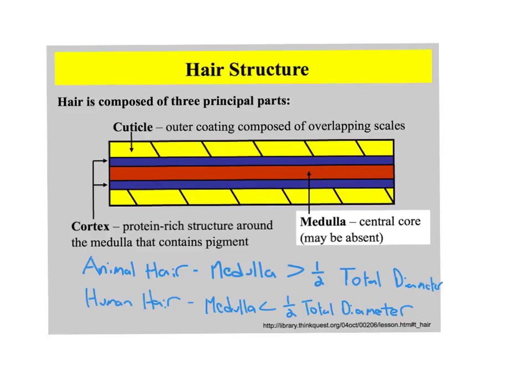We saw the case on Thursday's video, right, of the man who was convicted 26 years in jail, and they mistook one of his hairs for a dog hair, or a dog hair for one of his hairs. In a human hair, the medulla is usually less than 1/2. Often it's 1/3. So the human hair, the medulla, this part down the middle, and we'll see in the next couple slides what this looks like, is much smaller than 1/2 the total diameter.